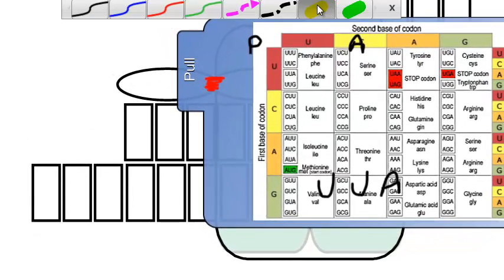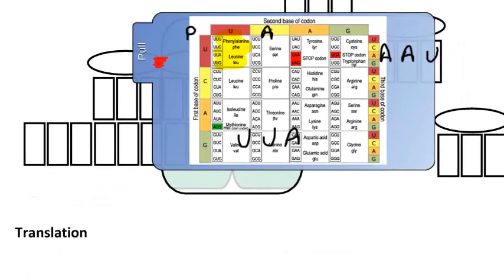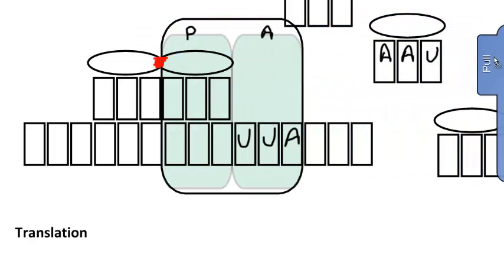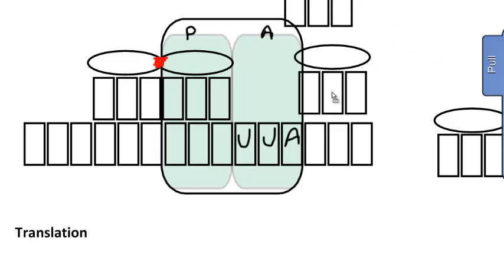Let's highlight it for you. This one up here. UUA stands for leucine. I'm going to write in Leu for leucine. And it's going to go in to match up with the mRNA codon. There we go.